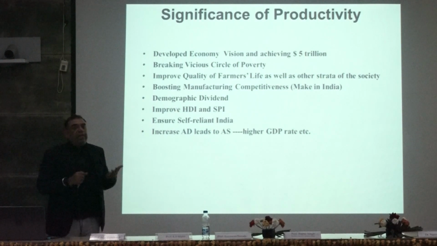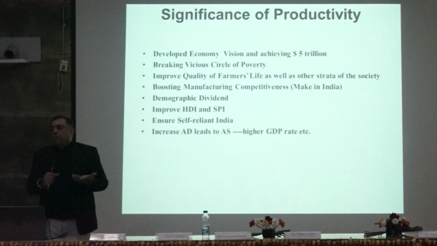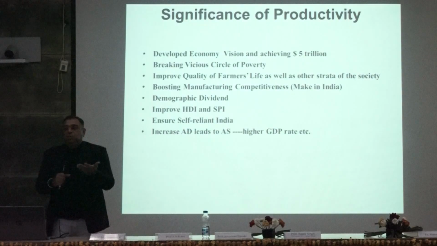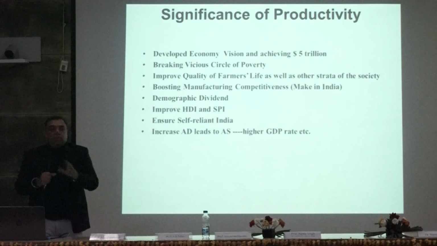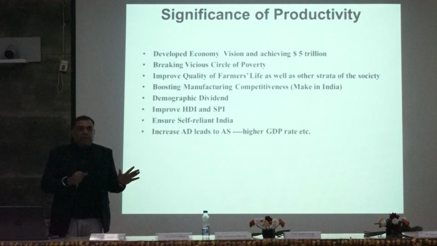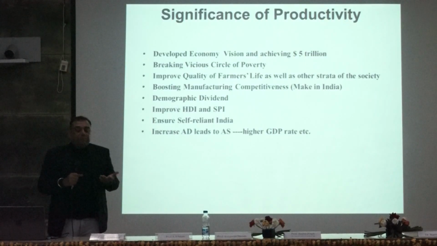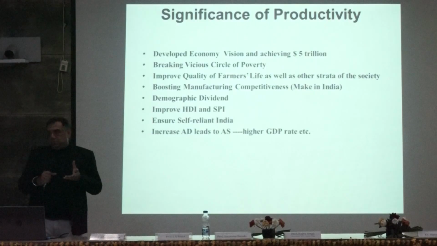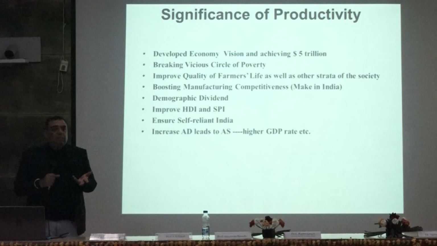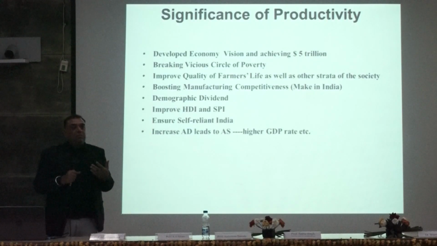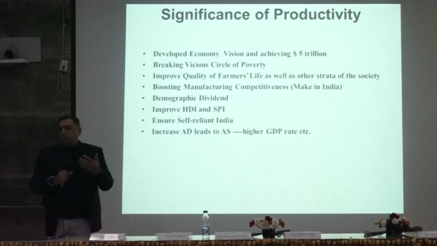So it's macroeconomics, how we can break it, but productivity is a wonderful thing. If we can make our youth productive, then we can break this vicious circle of poverty. But this is not a simple thing. Productivity is a must, the essential thing.